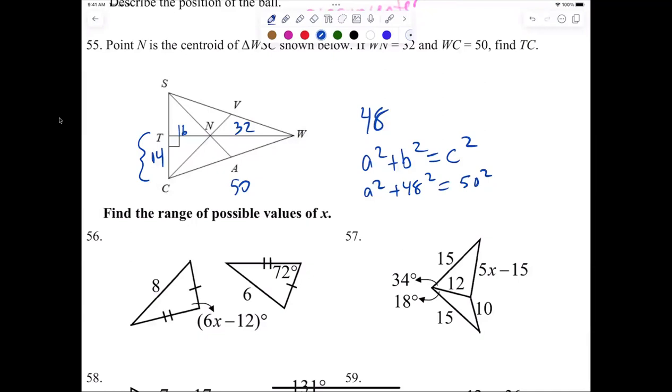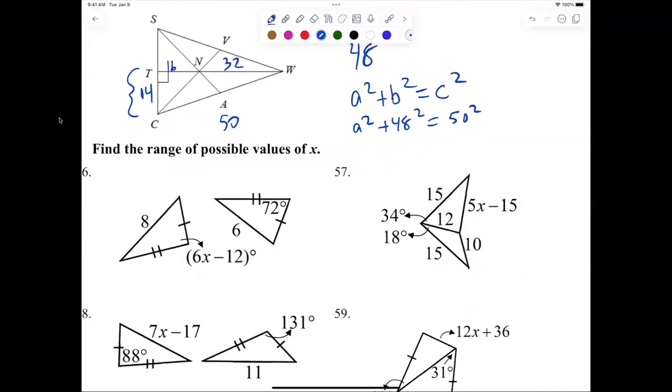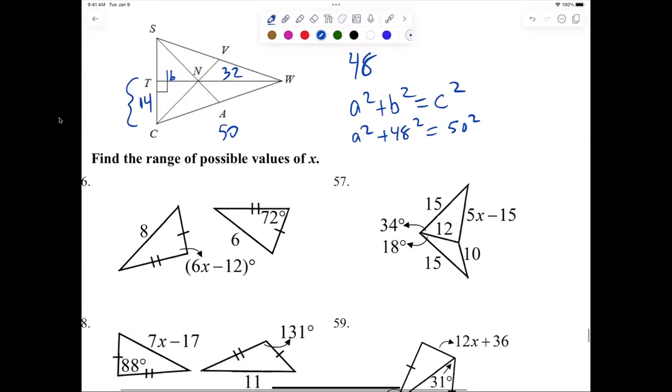Which one is the hypotenuse? 50 is the hypotenuse. So A squared equals 50 squared minus 48 squared. A squared is equal to, I think, 196. The square root of 196, I think, is 14. Is that correct? Don't take my word for it.